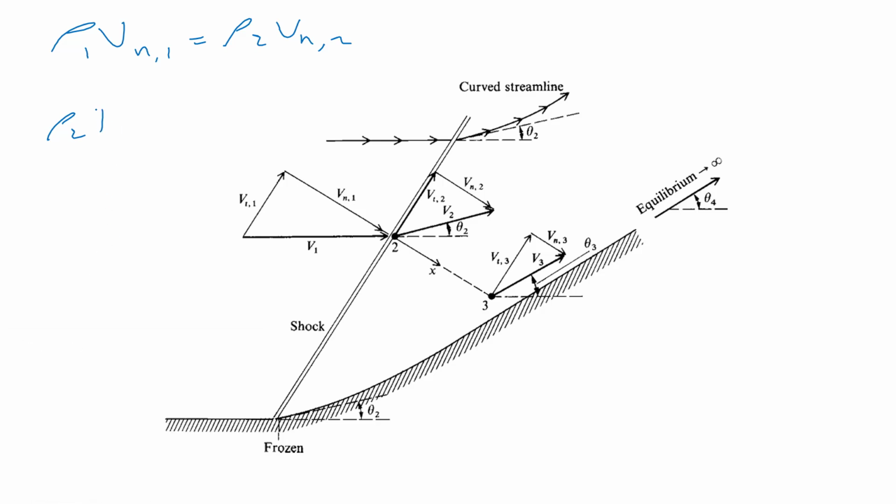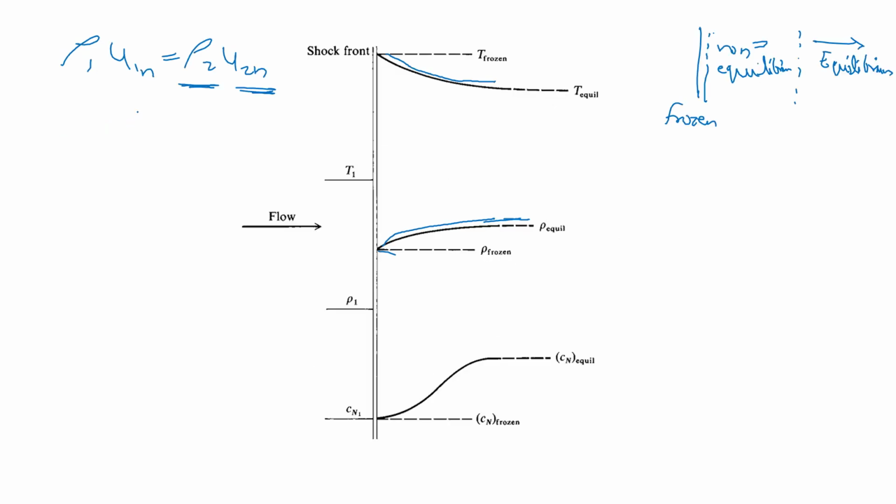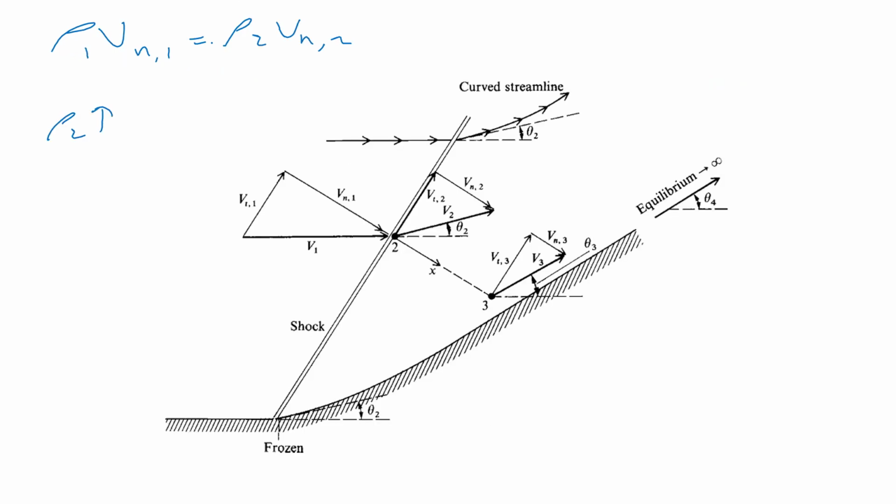As we have already seen from this plot, as rho 2 increases, this Vn2 will decrease.